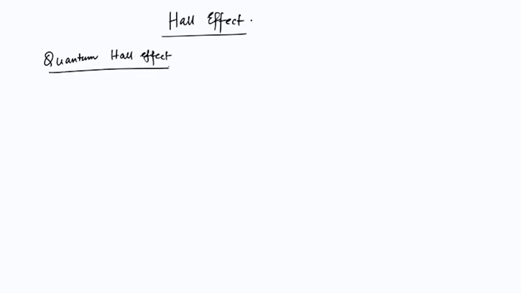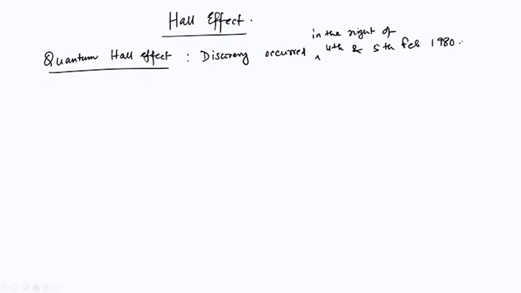So this is known very precisely: the discovery of this occurred in the night of 4th and 5th February 1980. And if you want to be precise about this, this happened at about 2 a.m. in the morning.